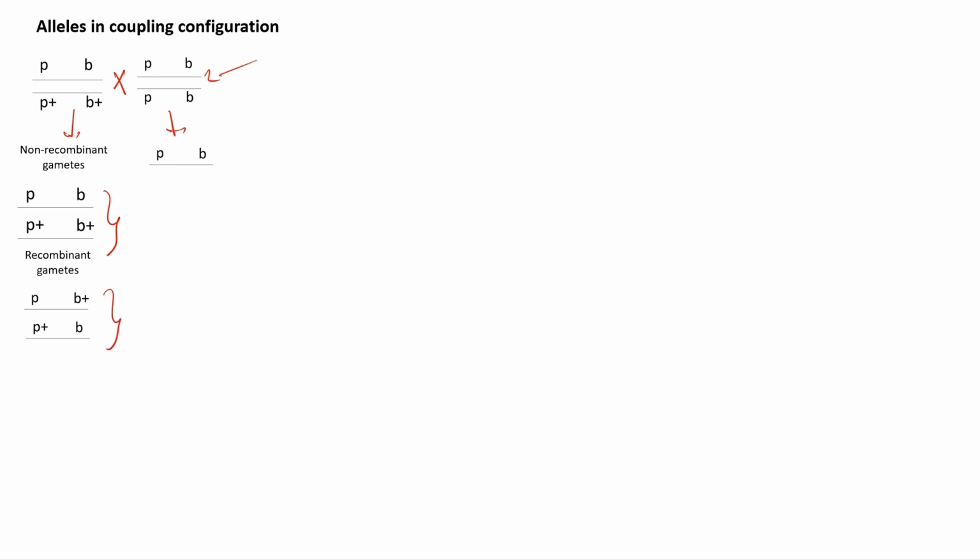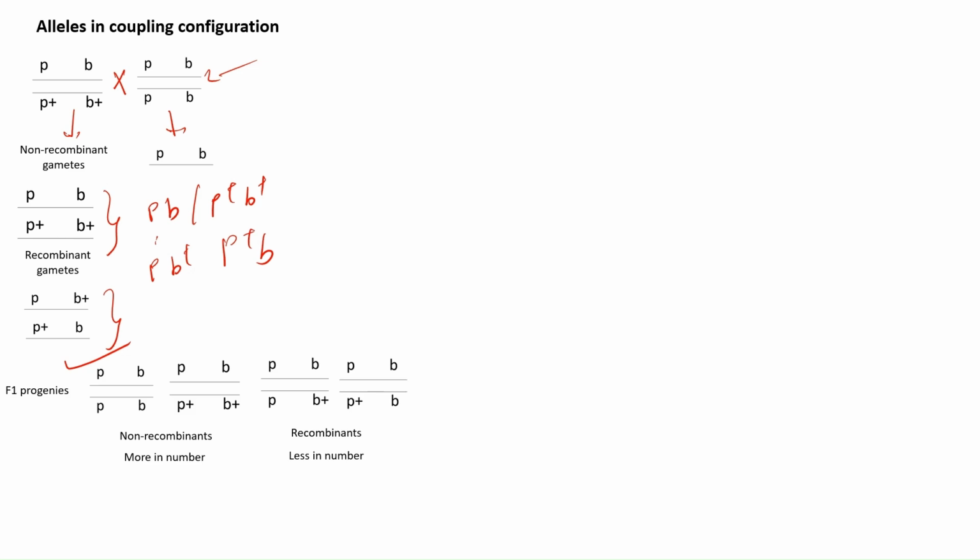The parental gametes are PB and P plus B plus, so the recombinants will be P B plus and P plus B. So we get recombinant as well as non-recombinant gametes, but the number of non-recombinants will be more. This we already studied in the last video.